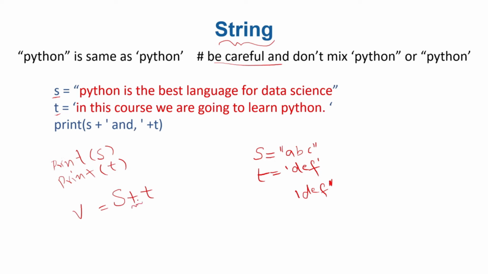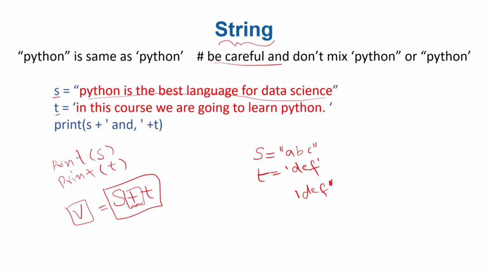The plus symbol in strings means just concatenate them together. First you copy the whole first string, and then you concatenate the other string with it, and the result is a new string. Now that's a new variable, and you can use it to do a lot of stuff.